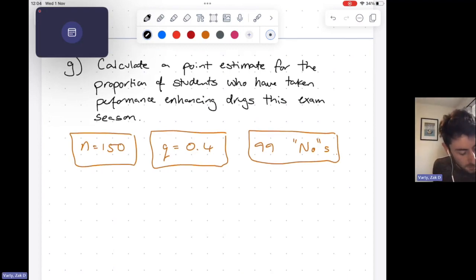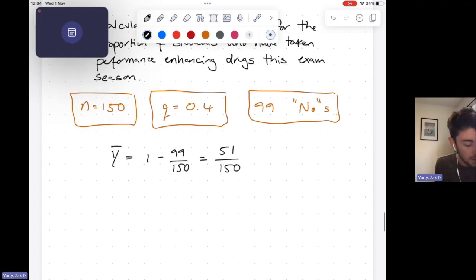So in this case, what we have is that y bar, our sample mean, would be 1 minus 99 over 150. So that's just the sample proportion that said yes. That's 51 over 150. And we can use this as our plug-in estimate for the population proportion.